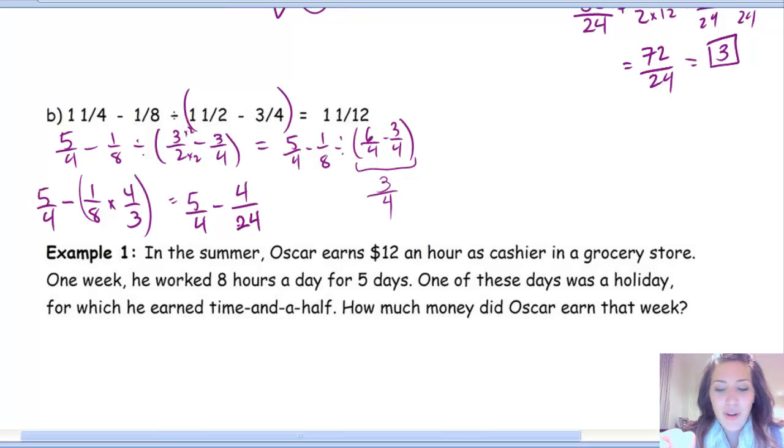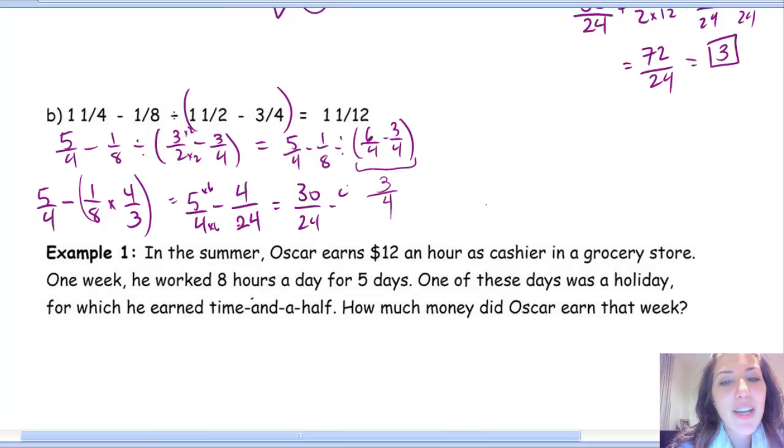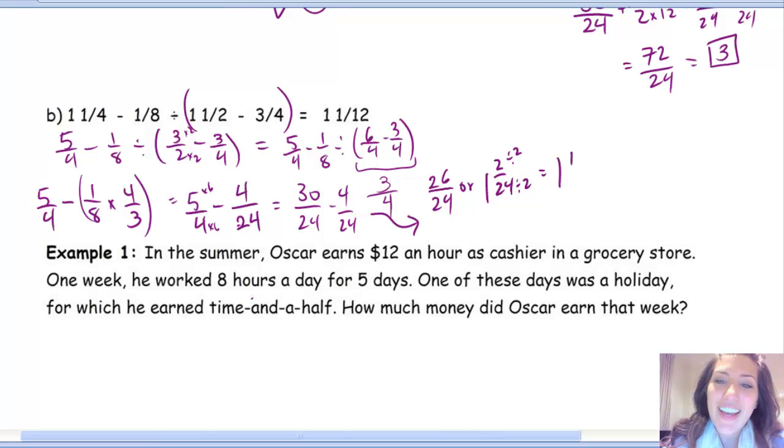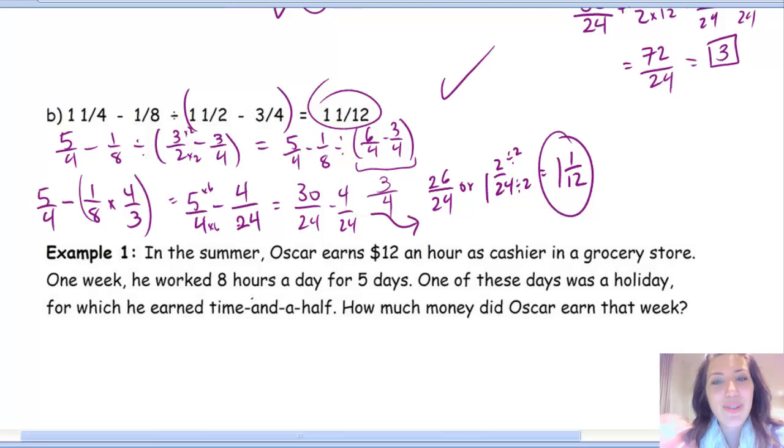We can make 4 go into 24 6 times. So 5 times 6 is 30 over 24 minus 4 over 24 equals 30 minus 4 is 26 over 24. And this can also be expressed as 1 and 2 over 24 or 1 and 1/12. Hey, that's the same answer as here, so it was correct. Awesome, we put the brackets in the right place.